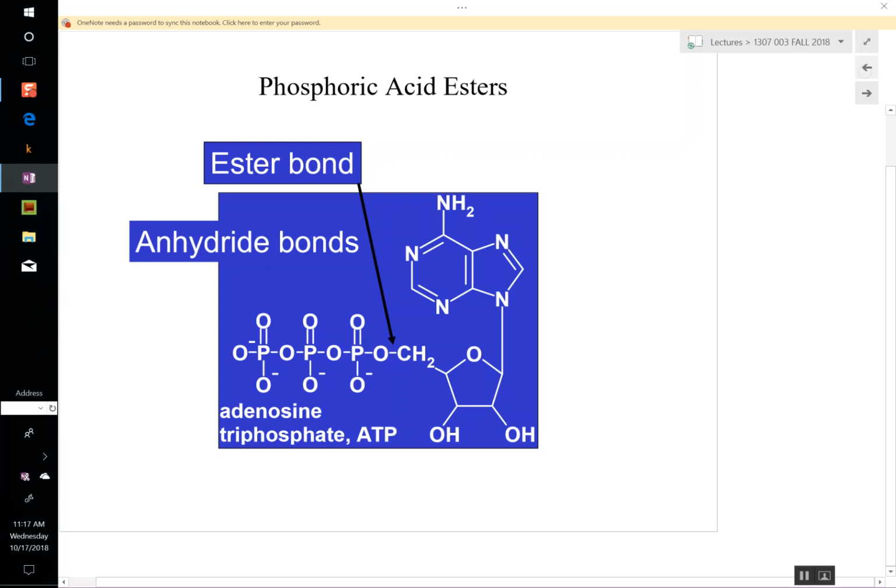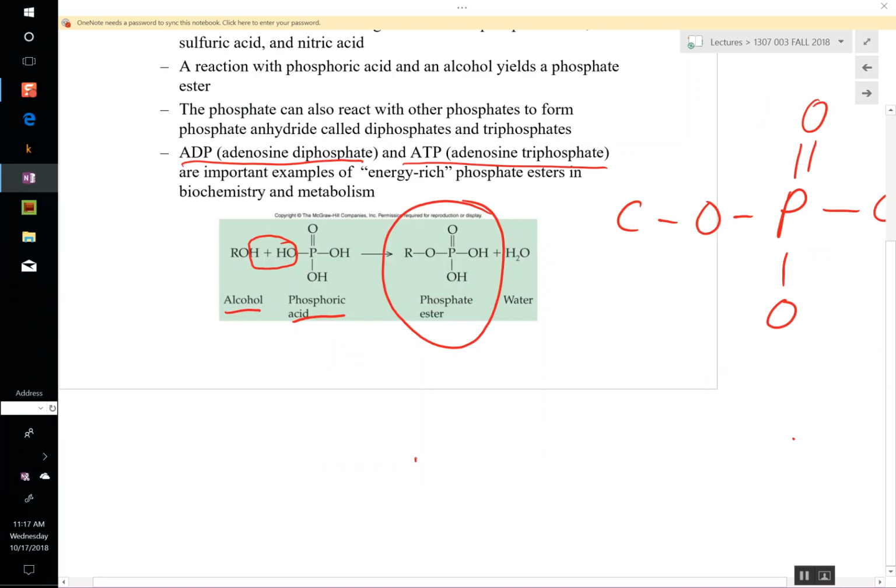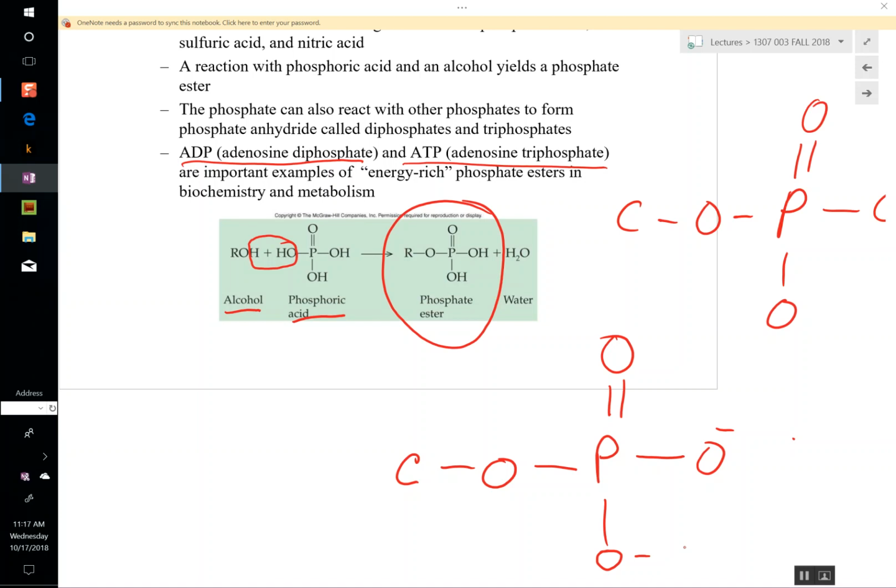So just be kind of familiar with the structure of a phosphate ester. You've got a phosphorus with a double bond to an oxygen, but that phosphorus actually has 4 oxygens around it. The phosphoric acid is H2PO4.